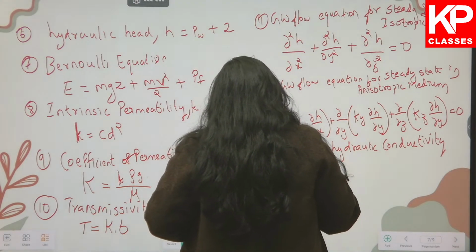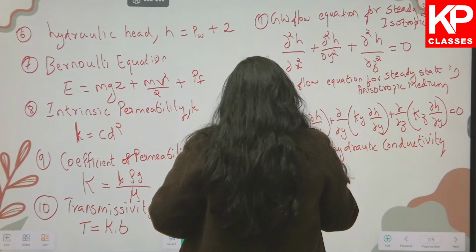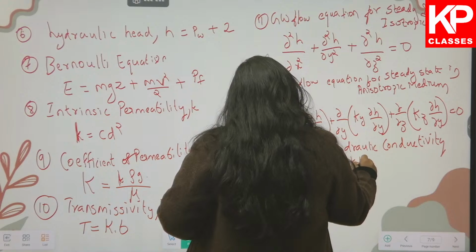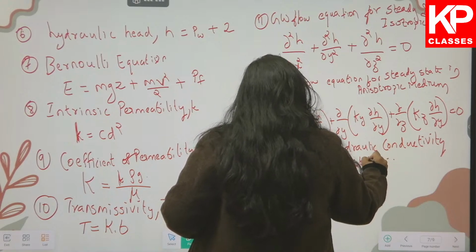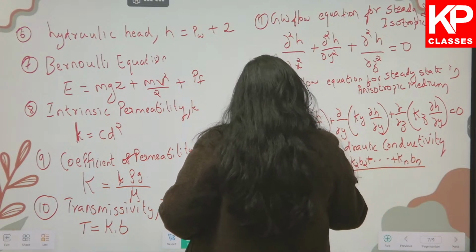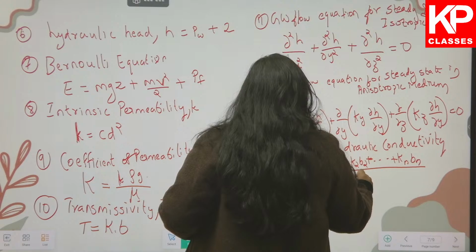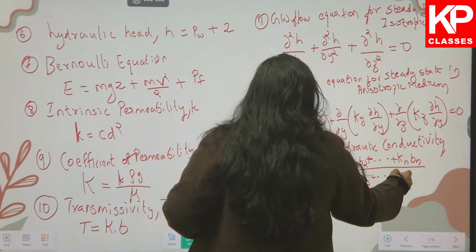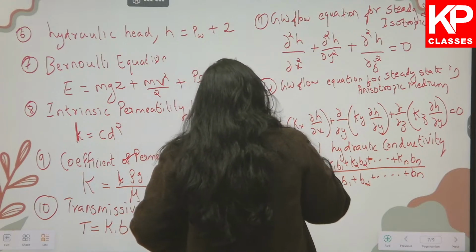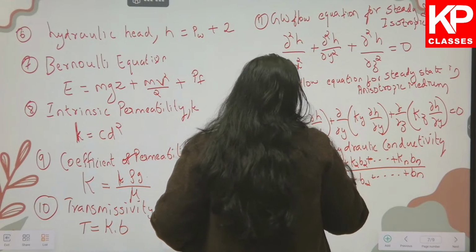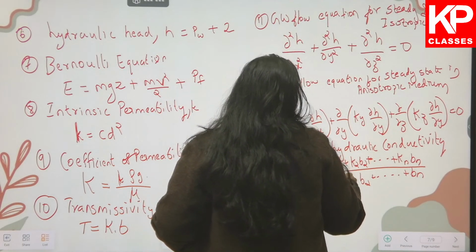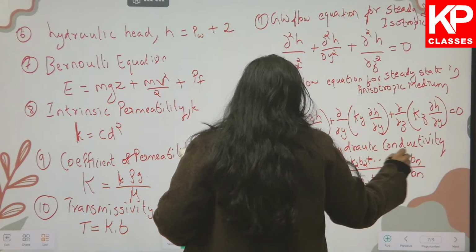KH is equal to K1 B1 plus K2 B2 plus up to Kn Bn, divided by B1 plus B2 plus up to Bn. Or, the summation of K times B, the hydraulic conductivity and the thickness of each layer, divided by the summation of the thickness of the whole layer.